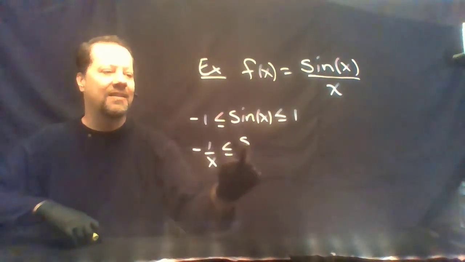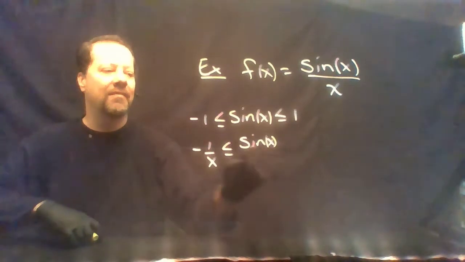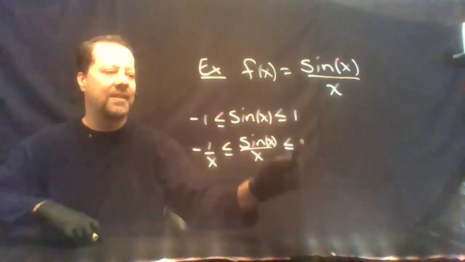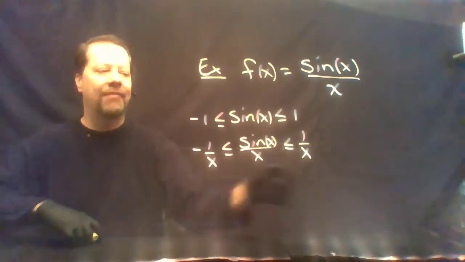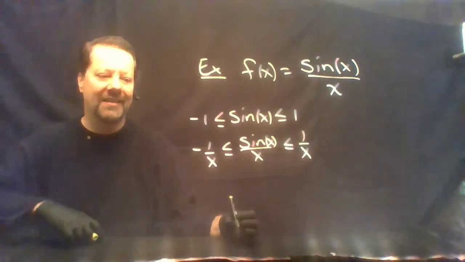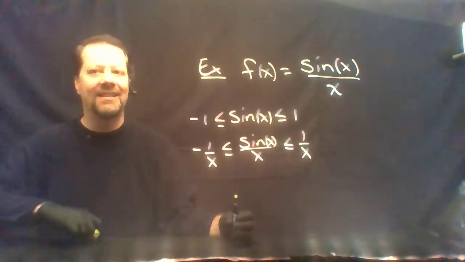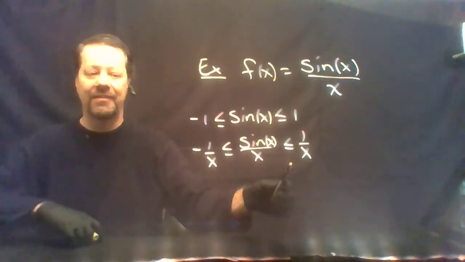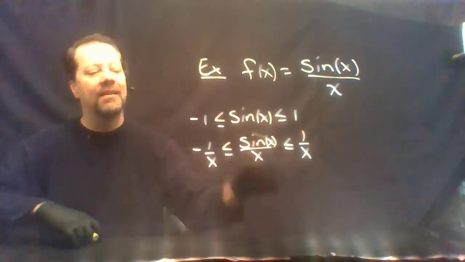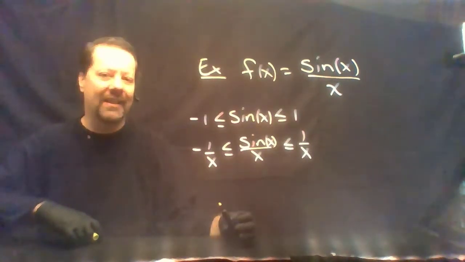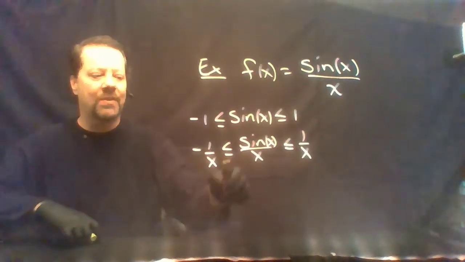So sine of x over x stays bounded between negative 1 over x and positive 1 over x. Well, technically, if x is positive. If x is negative, you have to reverse the direction of the inequalities. But you'll still get the same sorts of bounds.